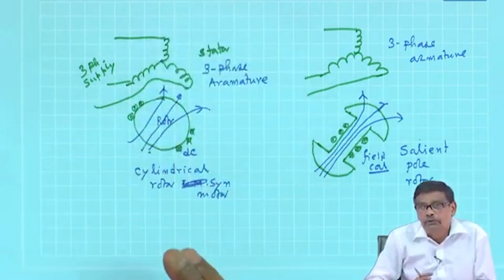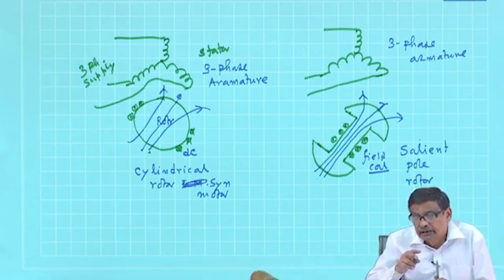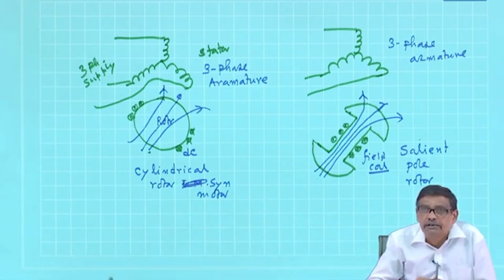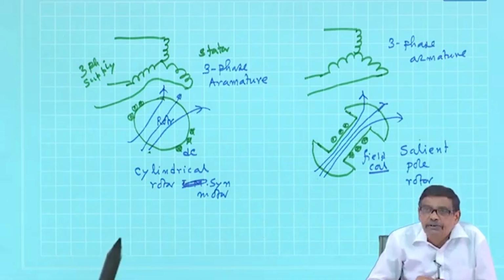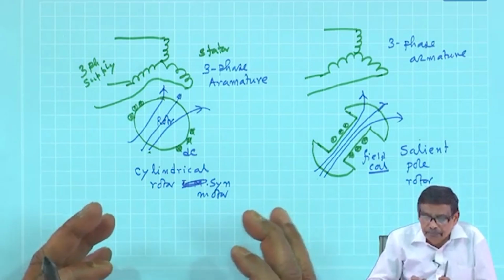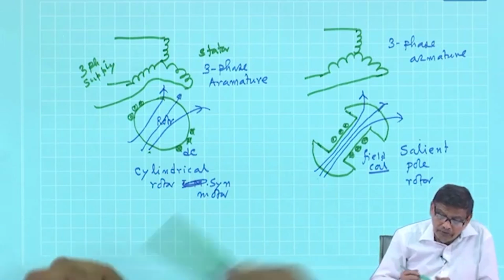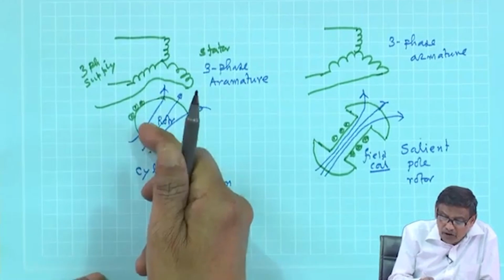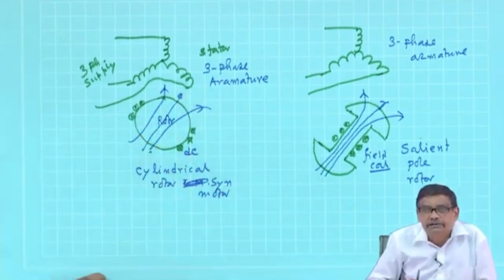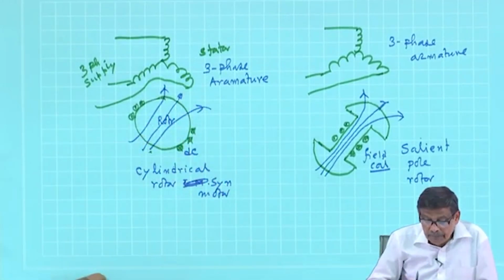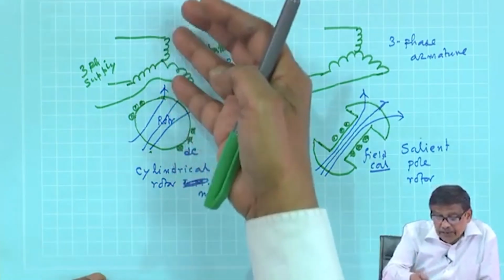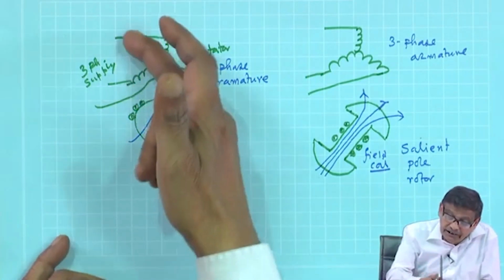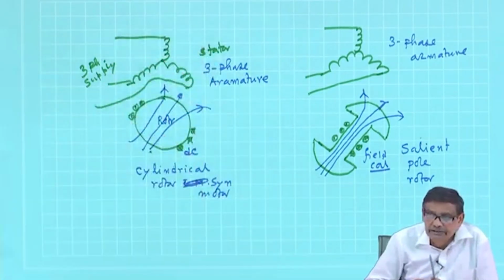Now, we know to access any terminals of a coil which is rotating, you require slip ring and brush arrangement. If DC field winding is on the rotor, I need only 2 slip rings and 2 brushes. In contrast, if the armature were on the rotor, you would require 3 slip rings and 3 brushes.